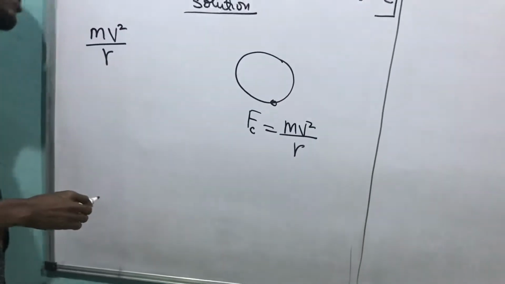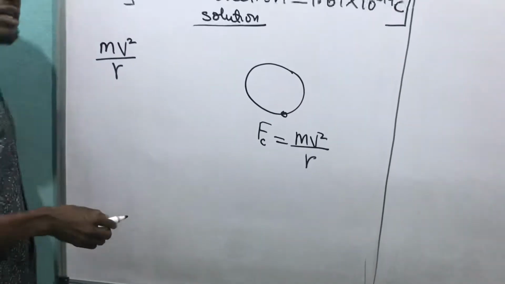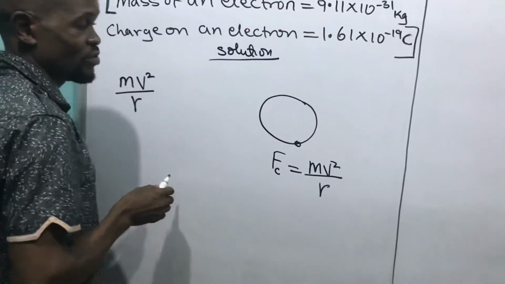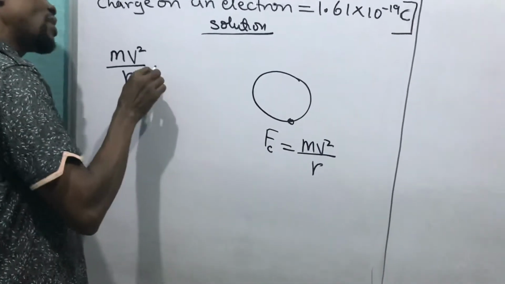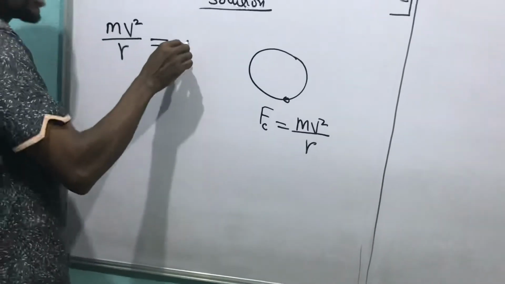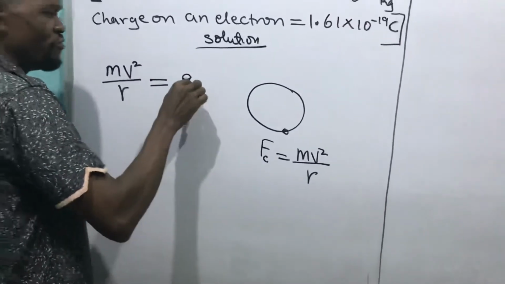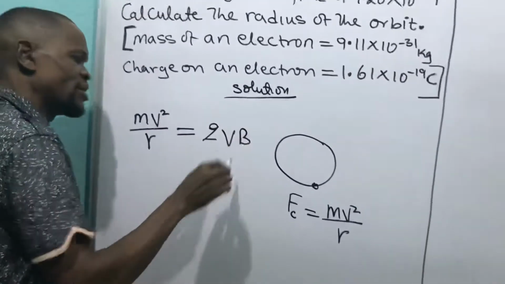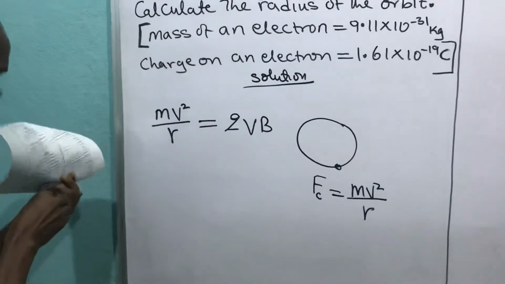r is the radius of the orbit in which the object is running. And we say that this is equal to qvB. Why did I say that?